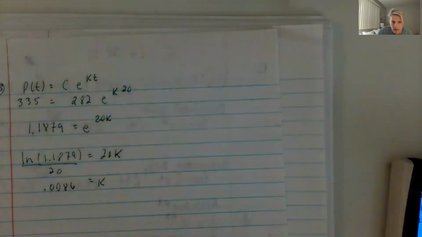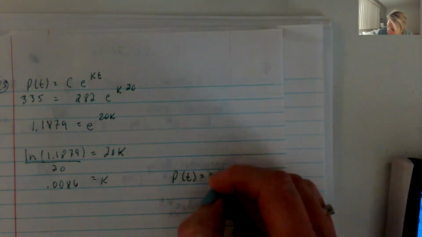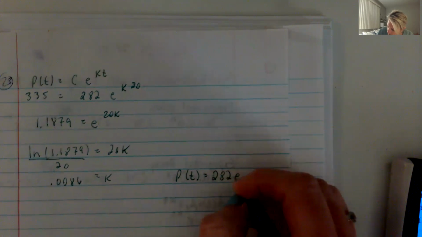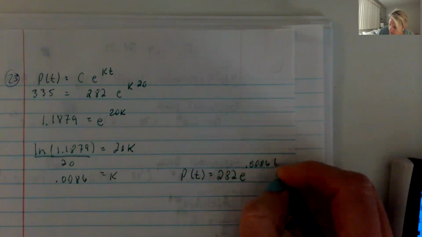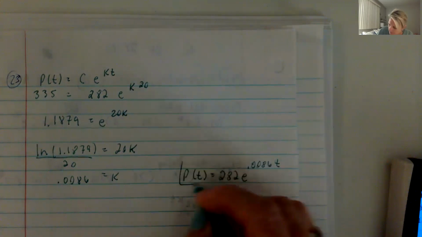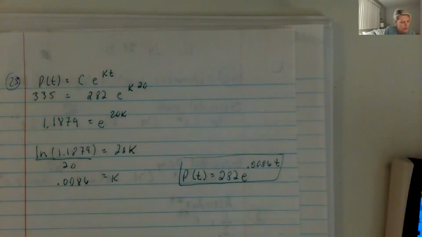Okay, so our equation is P of t equals 282e to the 0.0086t. Then they asked us to find out when this would equal 350 million.